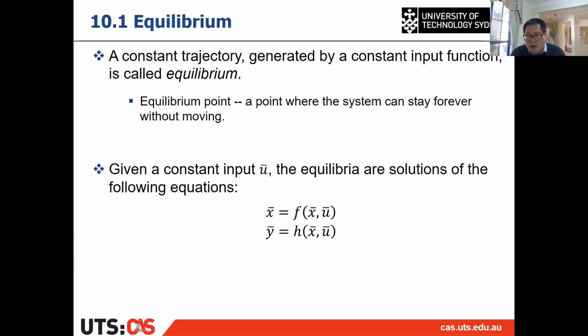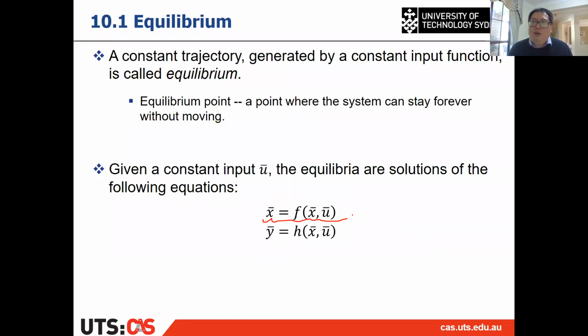That is the equilibrium. Which means for the equilibrium point, your state will constantly equal the equilibrium value. So at the equilibrium point, the state will not change. That's the equilibrium point.